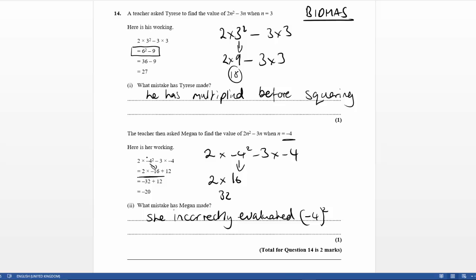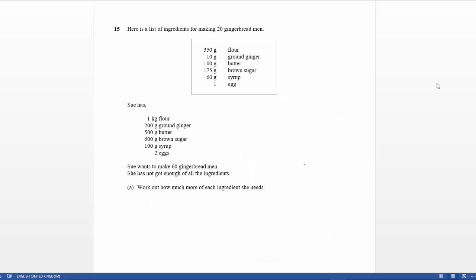Okay, let's go to the next question. Here is a list of ingredients for making 20 gingerbread men. We have 350 grams of flour, 100 grams of ground ginger, 100 grams of butter, and so on.